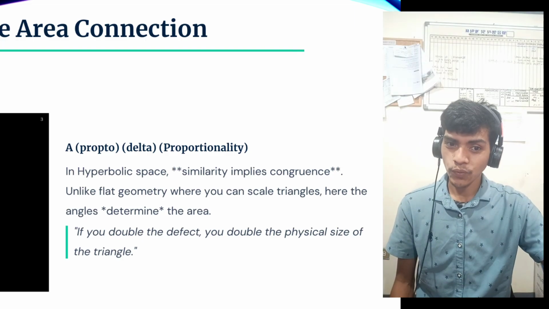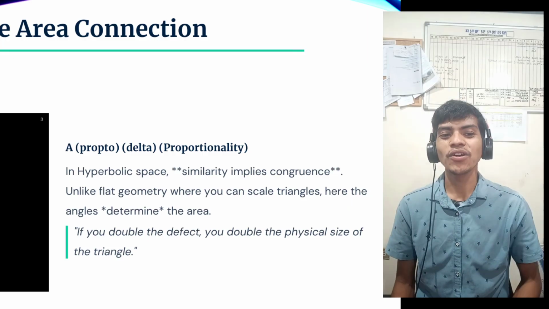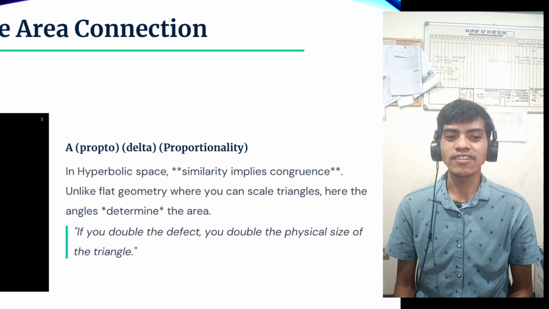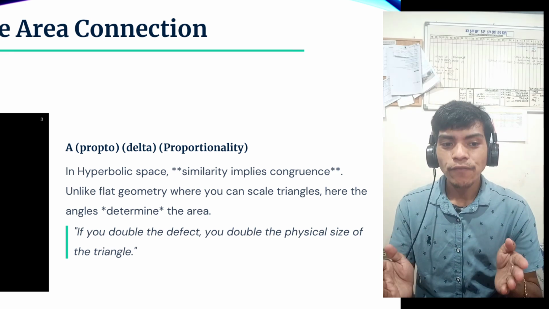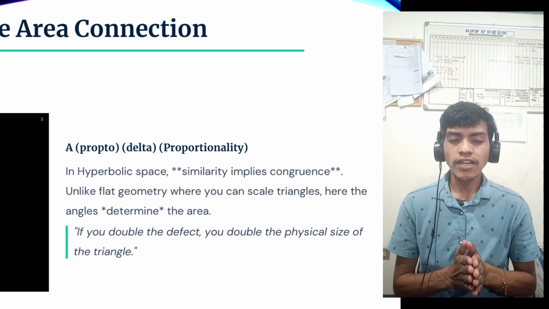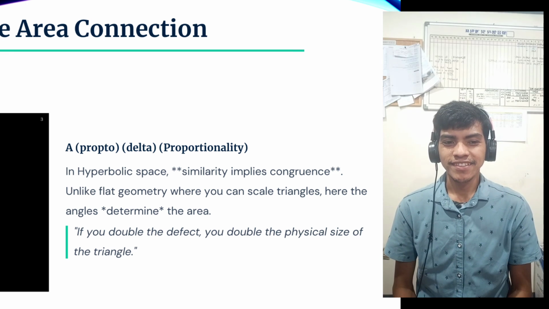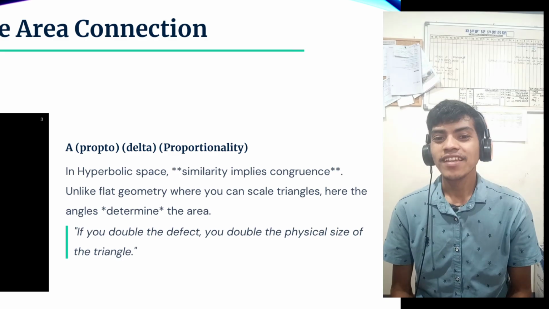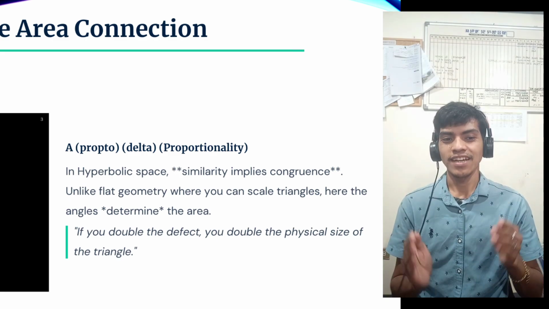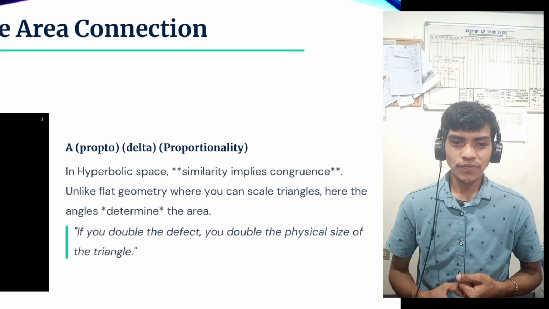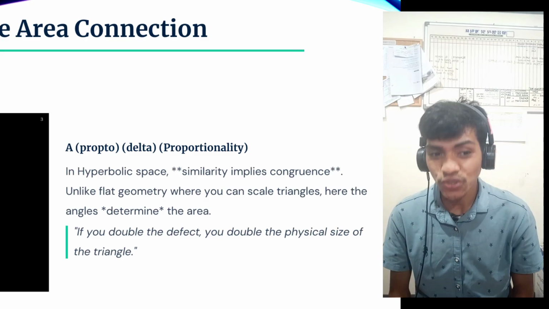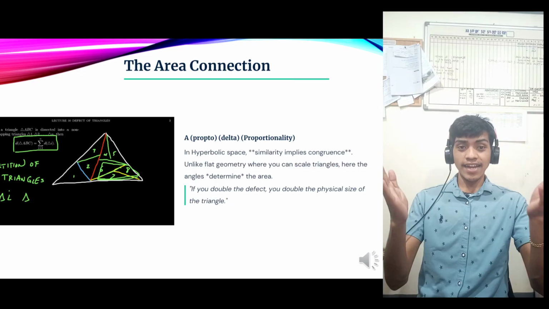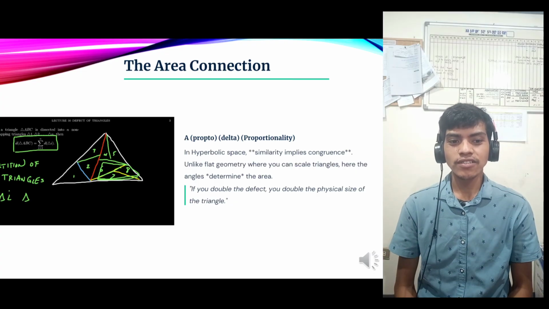In a flat world, a triangle can grow in size without its angles changing, but in hyperbolic space, if you enlarge the triangle, its angle must change. Okay, so this means size is fundamentally tied to the angle sums, as you can see in our current illustration.